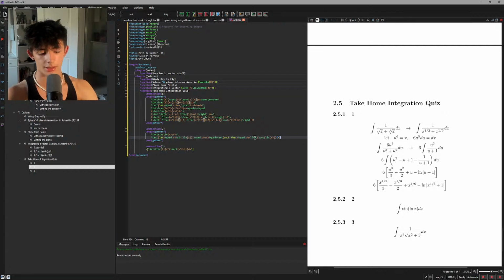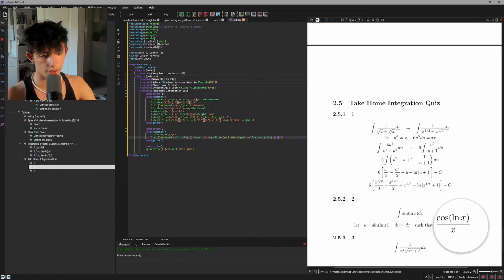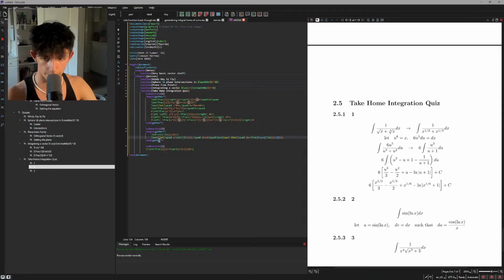Does that make sense? Am I tweaking? Yeah, because 1 over x times the derivative of. Just for simplicity, just putting that there.